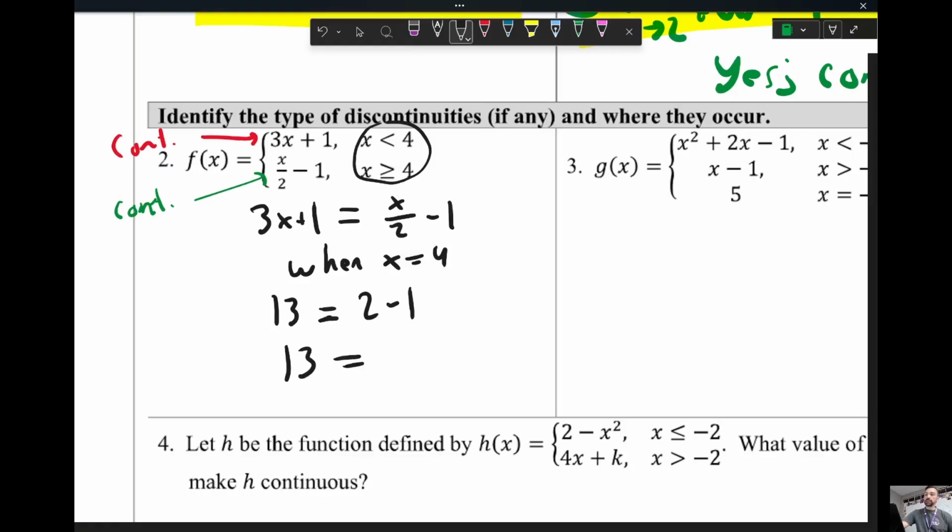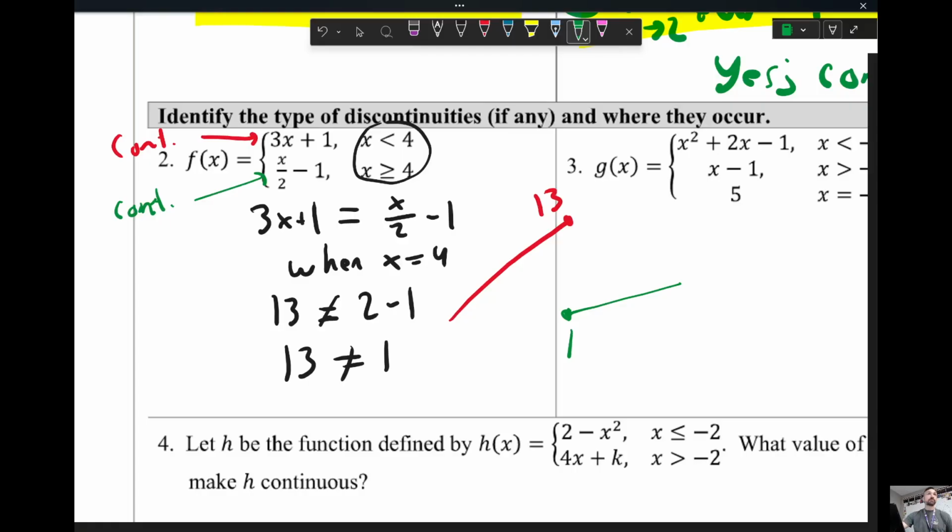Well, 13 does not equal 1, so what does that mean? Very good, it's not continuous. This guy is approaching 13 at x equals 4, and this guy is approaching 1 at x equals 4. So that's like saying you've got a continuous function up here at y equals 13, and another continuous function, but he's only down here at 1.